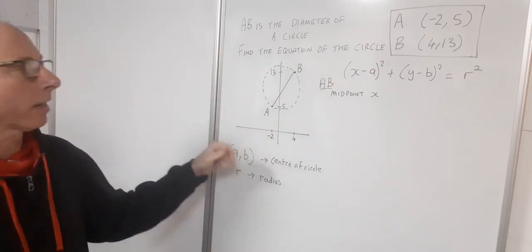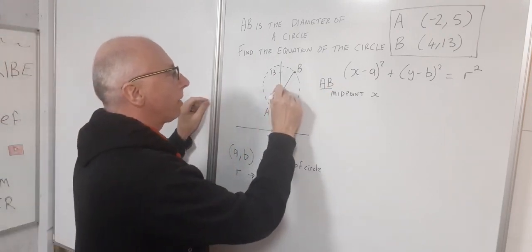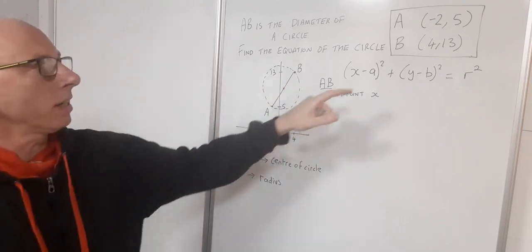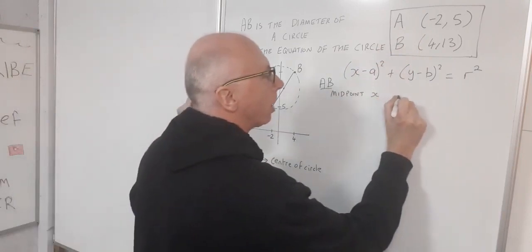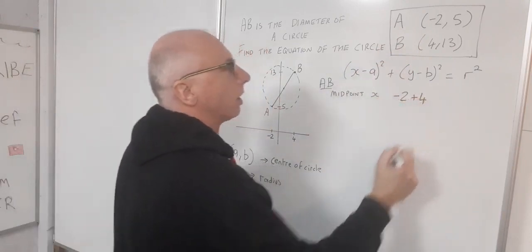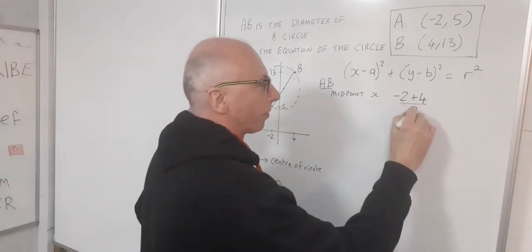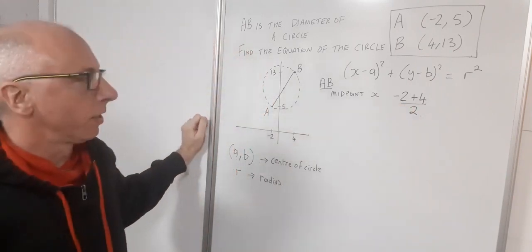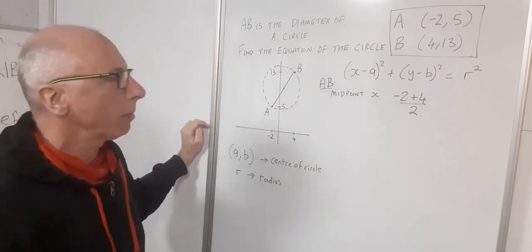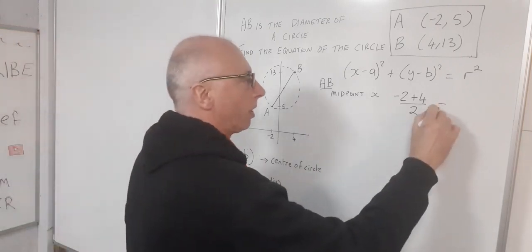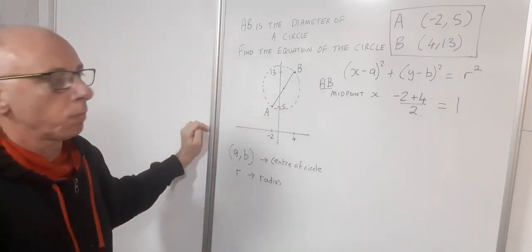So the midpoint x, which could be somewhere around here, in the x coordinates, so -2 plus 4, and divide that by 2. So -2 plus 4 is just +2. Divided by 2 gives me 1. So my midpoint x is 1.